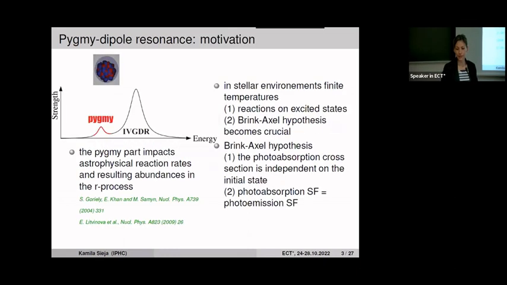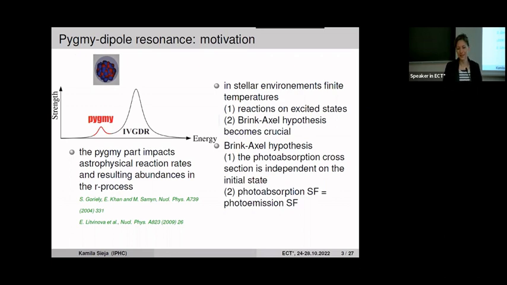Okay, let's start with a reminder of what I mean when we talk about the Brink-Axel hypothesis. First of all, if you want to make applications and calculate, for example, the neutron capture rates all over the nuclear chart, what you usually have at hand as microscopic calculation is QRPA, that you all do.